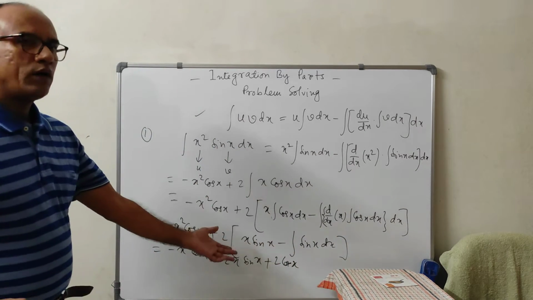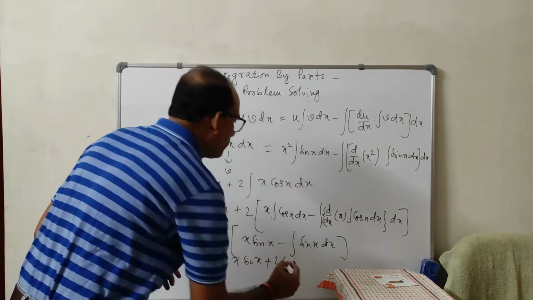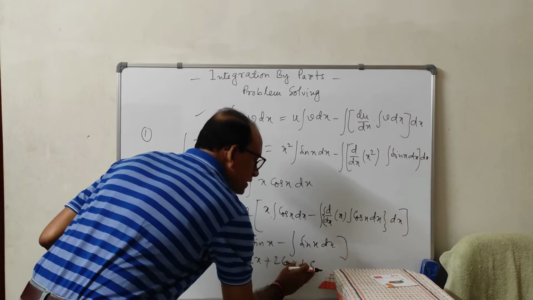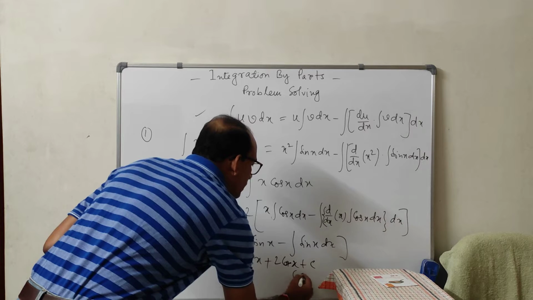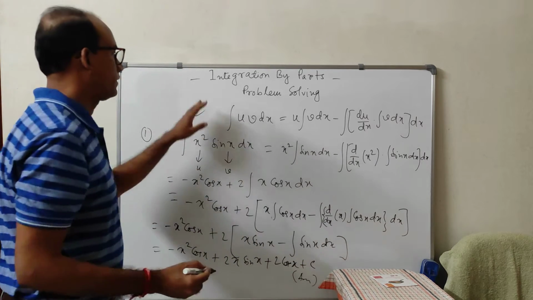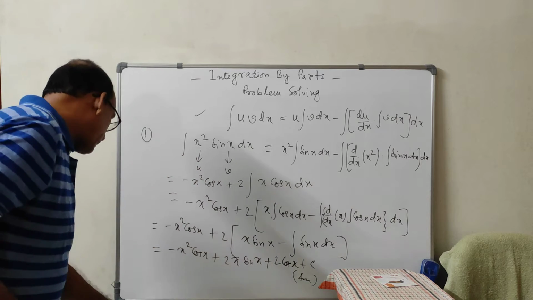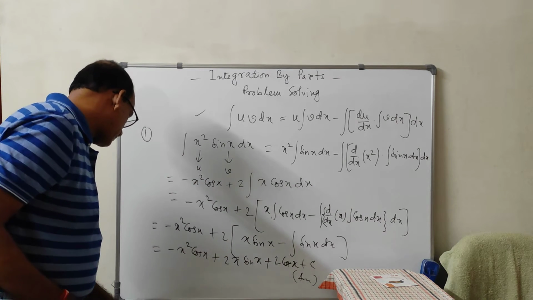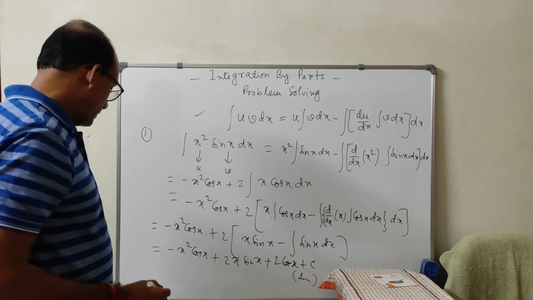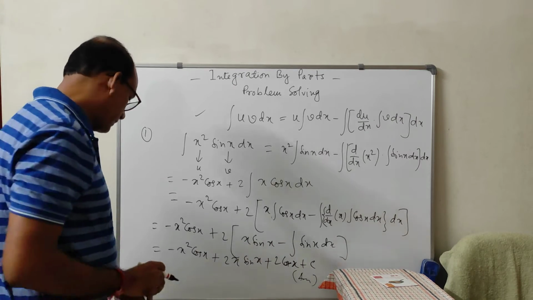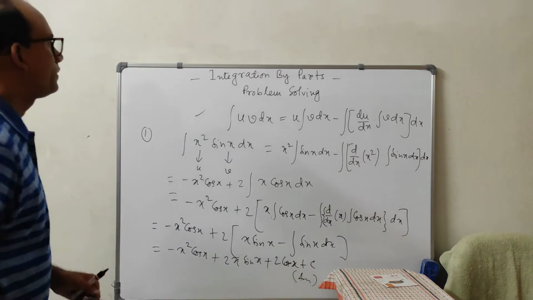See, all the integrals are over. Now we can put the constant of integration c here. This is the answer. So this is a problem I took from short answer type questions from the book.